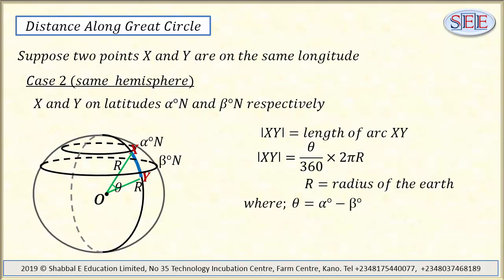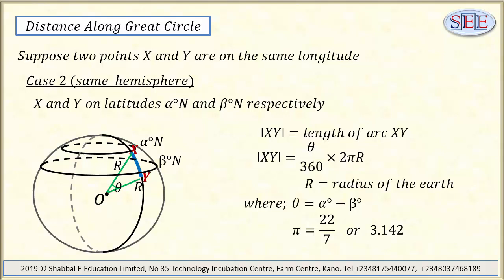In this case, the higher latitude is alpha because it's above beta north. So subtracting beta north from alpha north will give you the theta, the angle subtended at the center of that longitude. Pi is given as 22 over 7 or 3.142. So whichever one is given, make sure you use it.